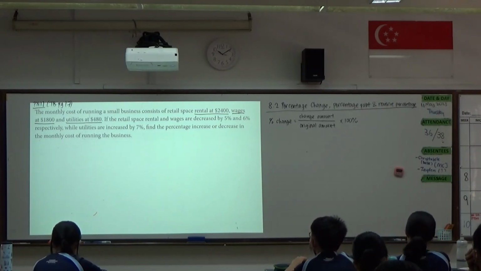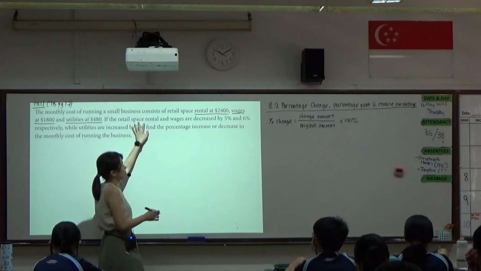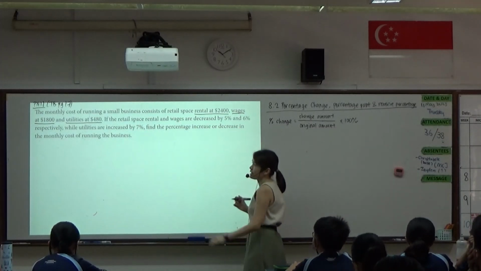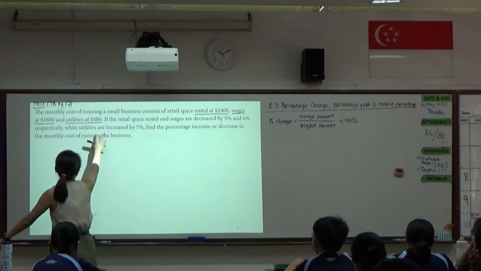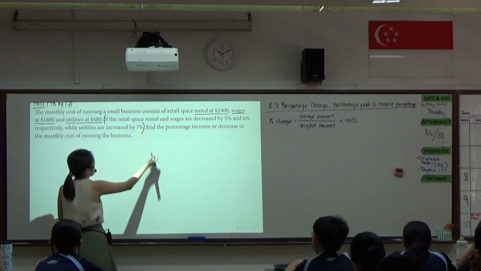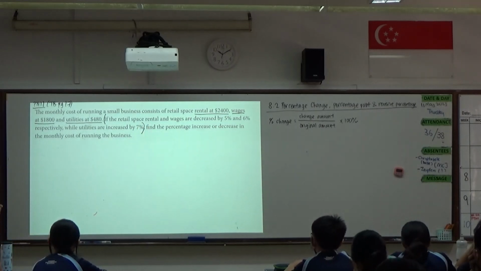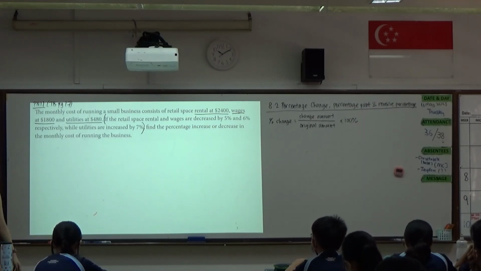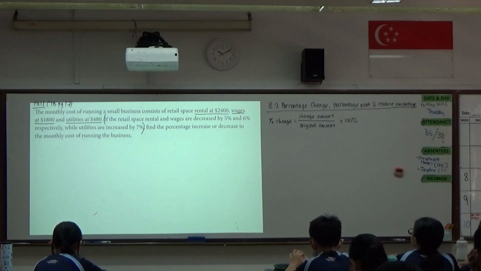It continues to say that the retail space rental and wages are decreased by 5 and 6% respectively, while utilities are increased by 7%. So this entire statement also important.